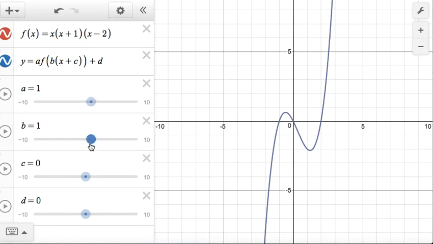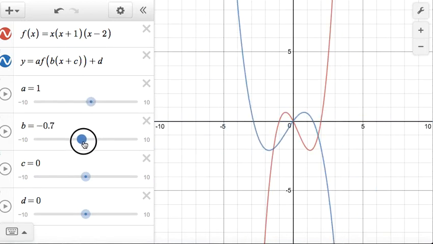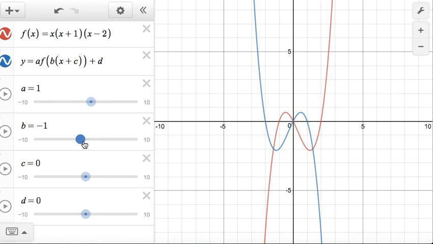Likewise with the b slider, first if I make b negative 1, I can see now the x-intercepts don't match up. And if we take a good look at this, we can see it's reflected across the y-axis. So that would be our reflection across the axis.